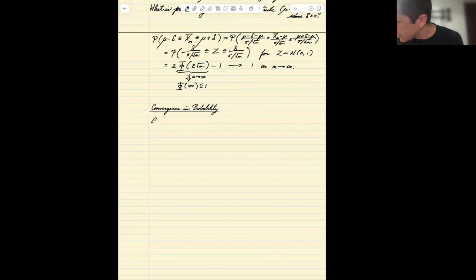So we have a sequence of random variables.